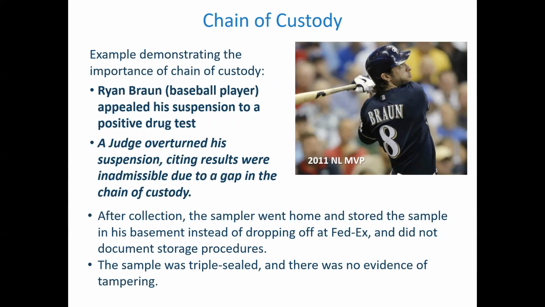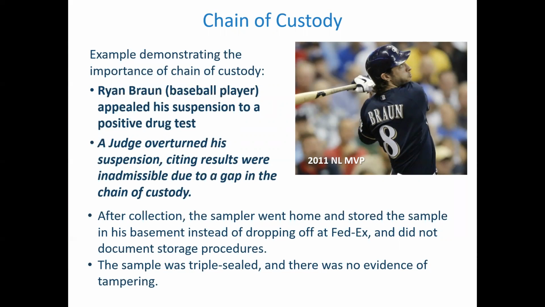It's really important because if chain of custody cannot be shown, then sometimes that sample is inadmissible. There's a famous case here of a baseball player who was investigated around a drug charge, and he tested positive. So yes, he took the drugs, but they could not prove the chain of custody all along the way.